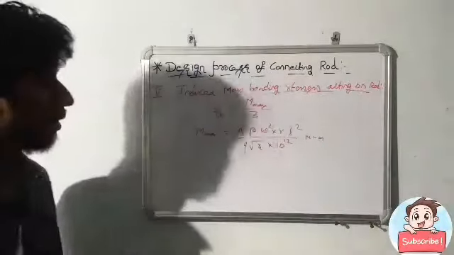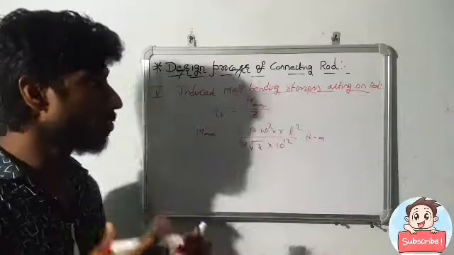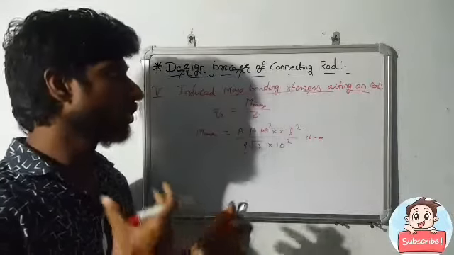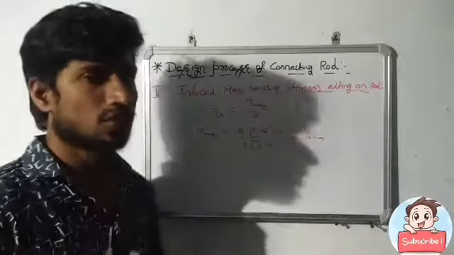So it is the formula for M maximum, and Z is the section modulus. That section modulus we consider based on the design data book, based on the shape of the connecting rod.